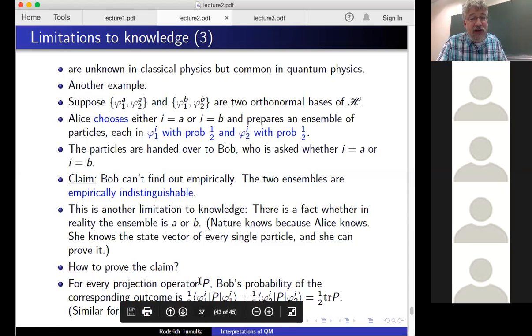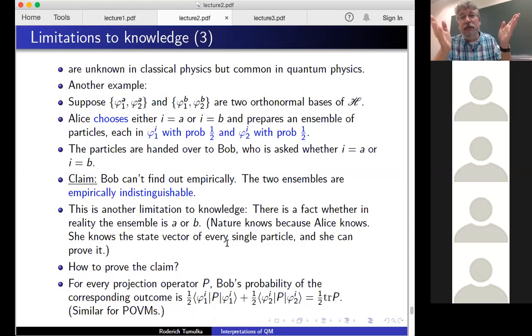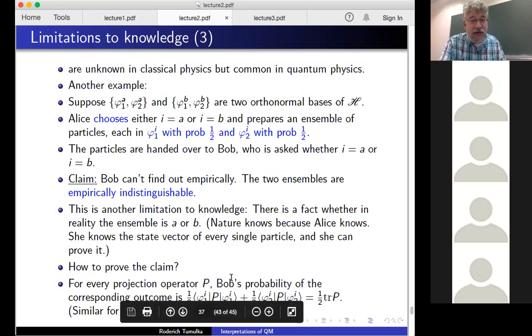Well, for every projection operator P, so for example, if he made a quantum measurement of some self-adjoint operator, then the probabilities would correspond by Born's rule to the projections for the eigenspaces. But then when he does the experiment on, say, 100 of these particles, then the statistics that he finds, according to the prediction of quantum mechanics, is, oh, for half of the particles, you get this probability here.